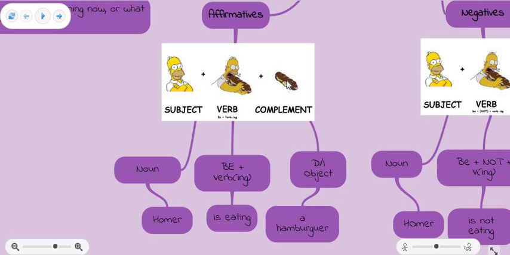Sometimes this is optional and it depends on our verb. In the complement, we can use a direct or indirect object. Here, as we can see in the picture, it's easy to understand that Homer is eating a hamburger. That would be an affirmative statement in present progressive.